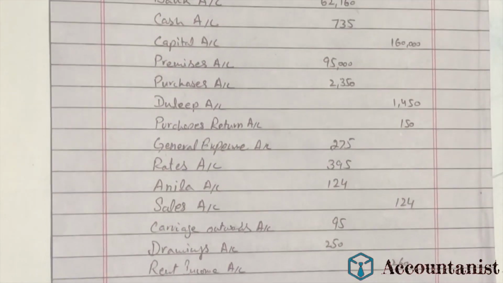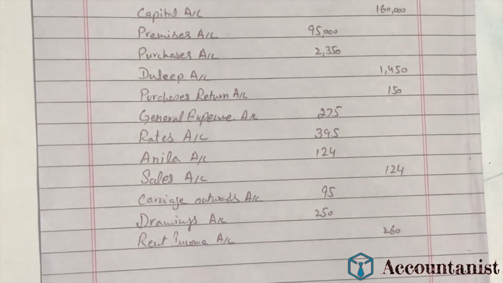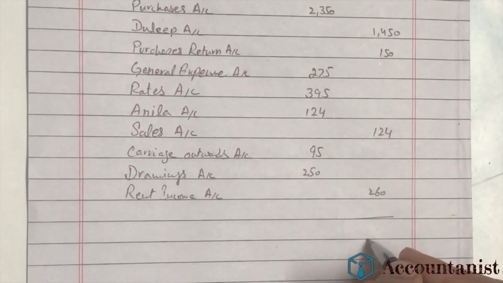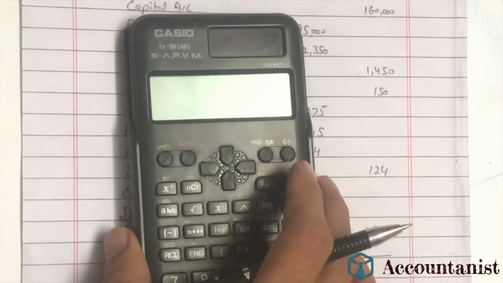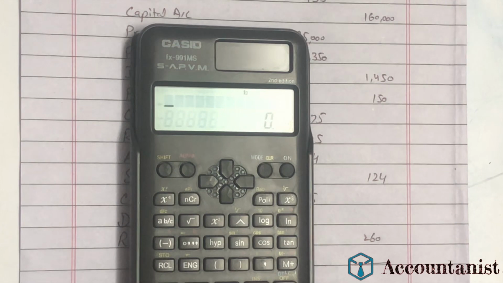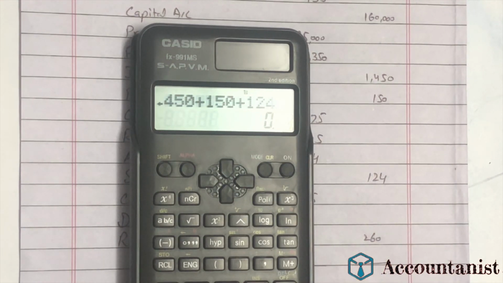Now the next step is we write down all the T account balances here. Now we are going to balance them off to see if our debit and credit sides equals or not. To do this, we have to draw lines into the both columns, and then we'll have to add up all the numbers. So let's start with the credit side. We have 160,000, then 1450, then 150, then 124, and the last number I do have is 260.